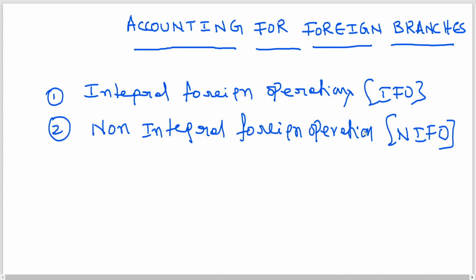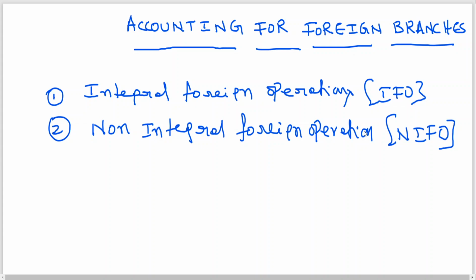Then what is non-integral? As I also told you, the Dhaka branch remits the cash immediately to Tata Motors, whatever amount they realize from the sale of vehicles which they get from the head office in India. But a non-integral foreign operation acts as a stand-alone unit.